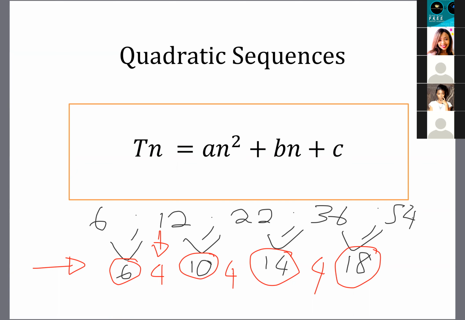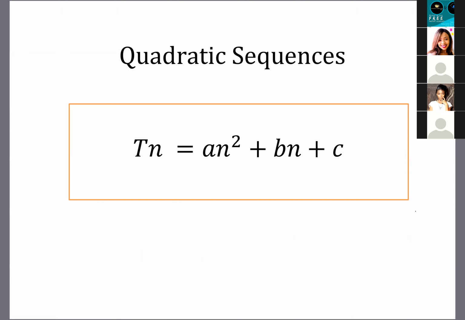Okay, before we go there, let me just go to a new paper because I want to show you something. Whenever you see a quadratic sequence, you must always remember this formula. With each and every quadratic sequence, you must just remember this formula. I have an A plus B plus C. And then you write a 3 in front of it.